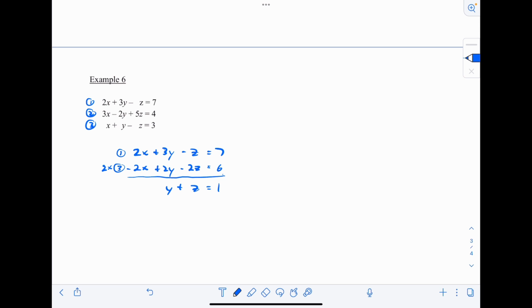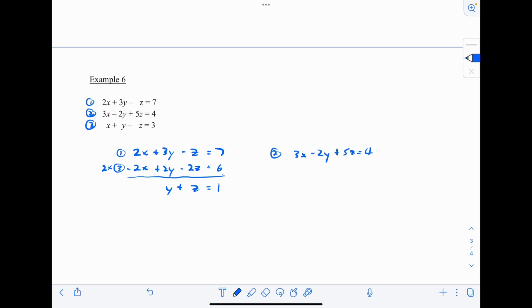But like I said, now we're going to take two different equations. For example, I might take 2 and 3. If I leave 2 the way it is, which is 3x minus 2y plus 5z equals 4.